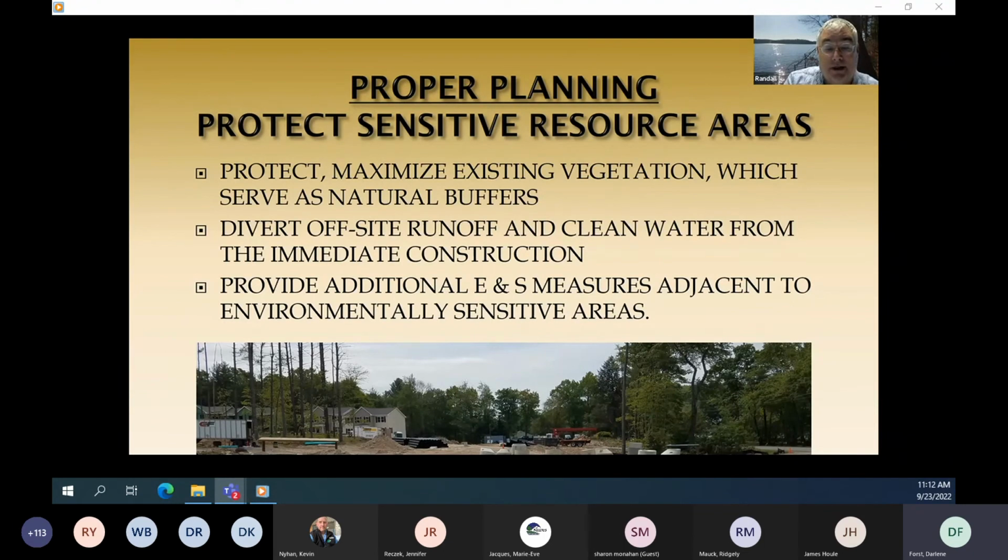Diverting offsite runoff and clean water from the immediate construction. Once you mix offsite waters and clean water in with your construction water, it then means you have to treat all of that water as construction water.